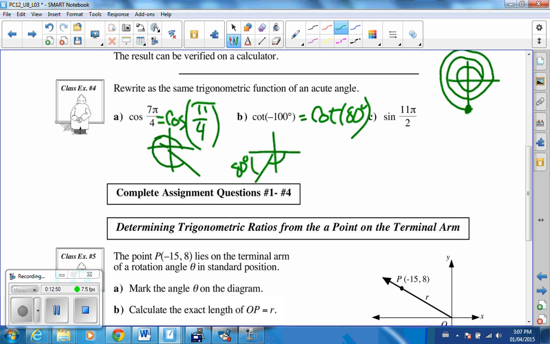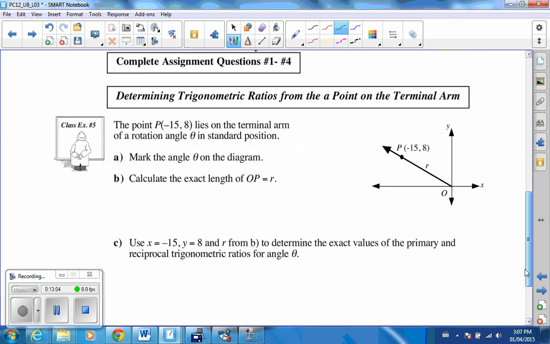That's down there. In quadrants 3 and 4, sine is negative. So this is going to be equal to negative sine of pi halves. And if you want to check those, you can check them just by typing it into your calculator.